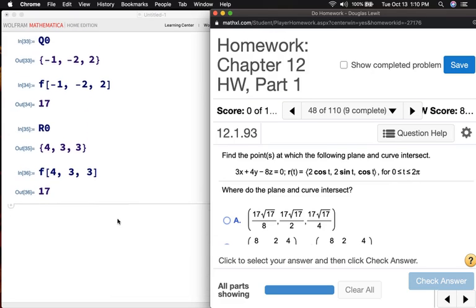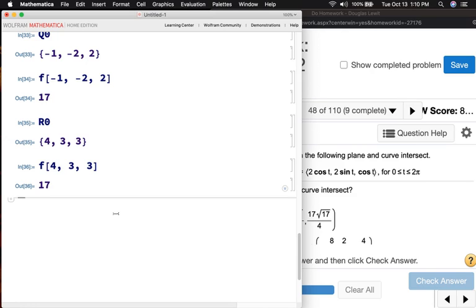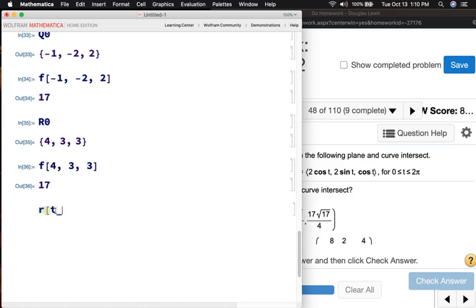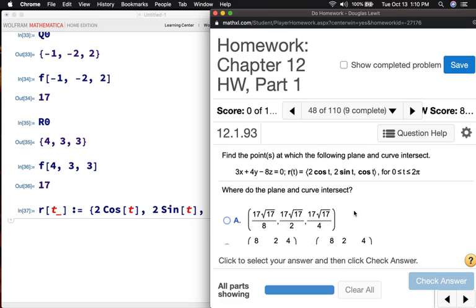Okay, so first of all, what we have to do is define r of t, which is a vector valued function, and that's going to be 2 times cosine t, 2 times sine t, and then cosine t. And then we have this plane here, 3x plus 4y minus 8z is equal to 0.